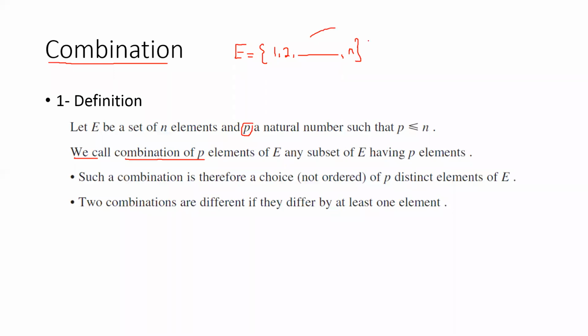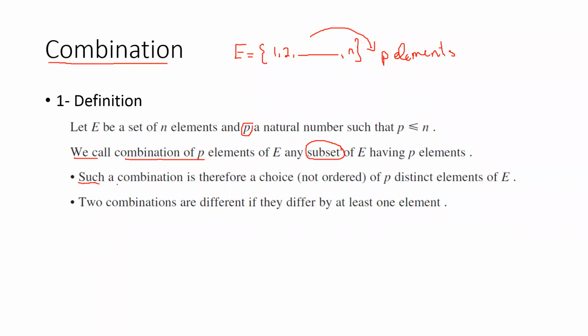So if we choose P elements from this set, I call it a combination. So we call a combination of P elements of E any subset of E having P elements.